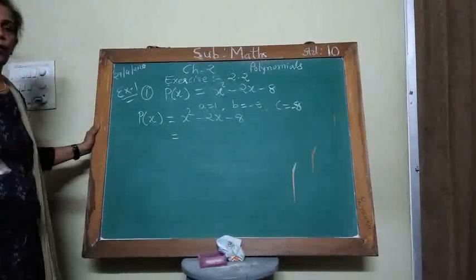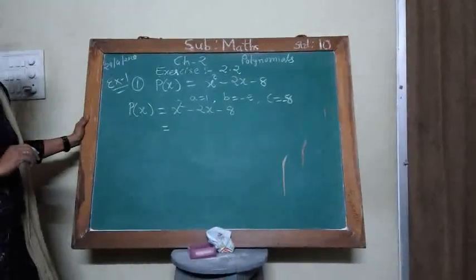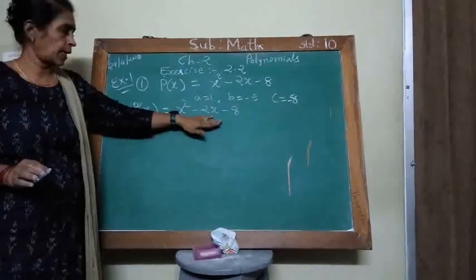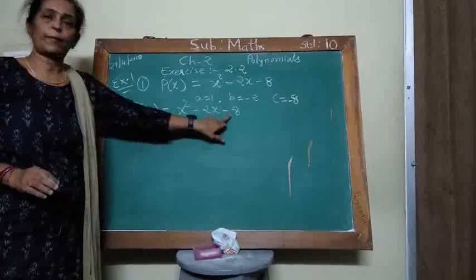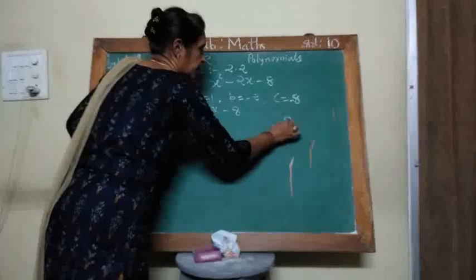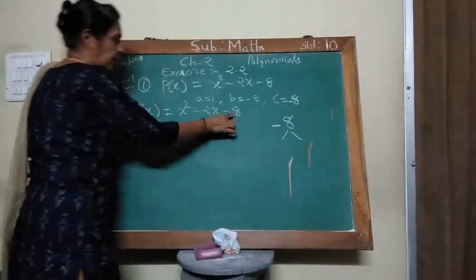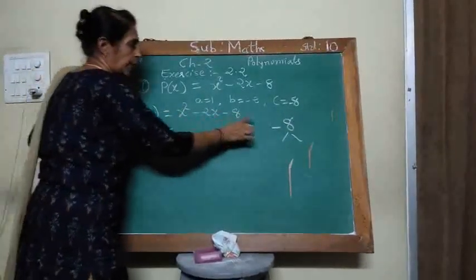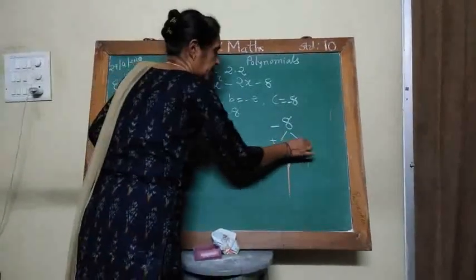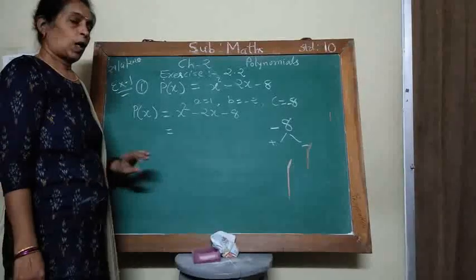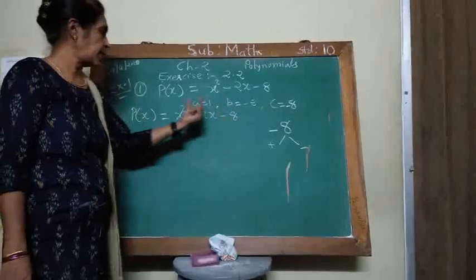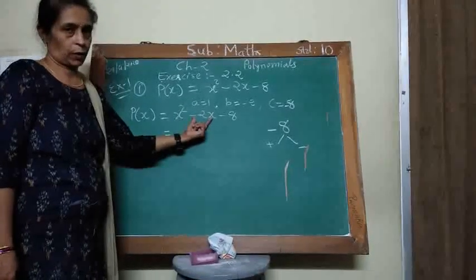Make 4 terms out of 3 terms. You have studied this in 8th standard and 9th standard. Here 3 terms are there. The first term is a perfect square, but the last term is not a perfect square. So make 4 terms. Multiply the coefficient of x square, which is 1, with the constant term minus 8, which gives minus 8. Obtain 2 numbers such that their product is minus 8 and their addition is minus 2.